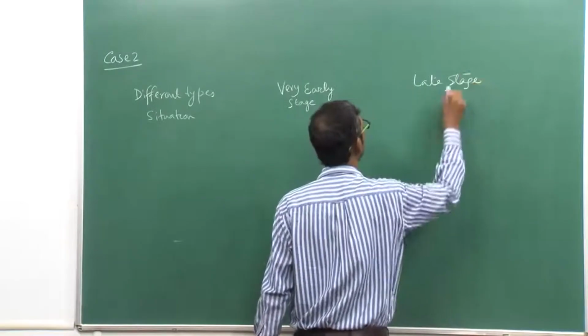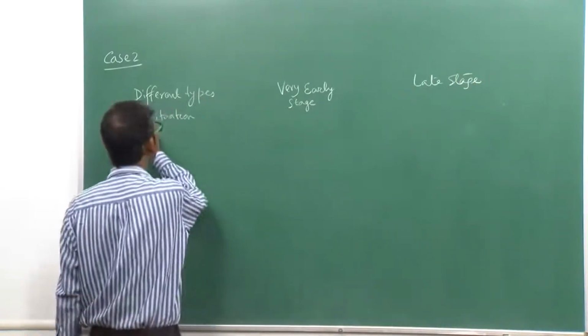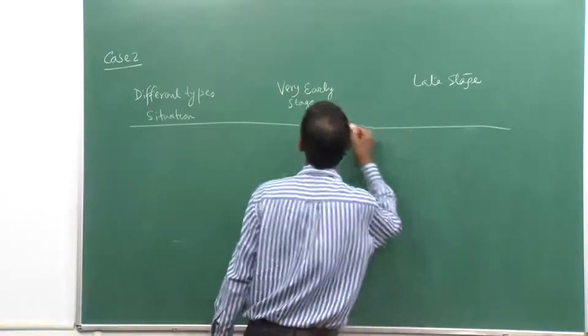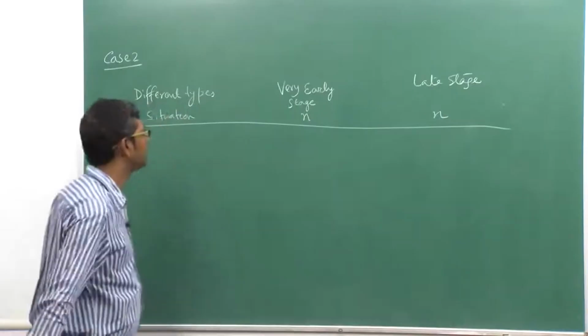That means at the beginning and the later. And so therefore what I will do is that these are the different situations, and values of n will be provided for these two, very early stage and very late stage.